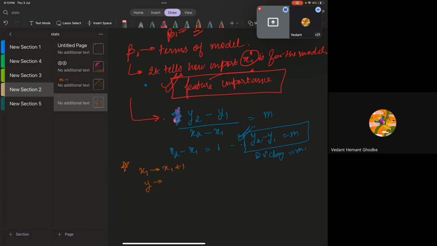This is not geometry. We're not learning geometry here, are we? When there is a change of 1 unit in x1, the dependent variable will change by beta 1.